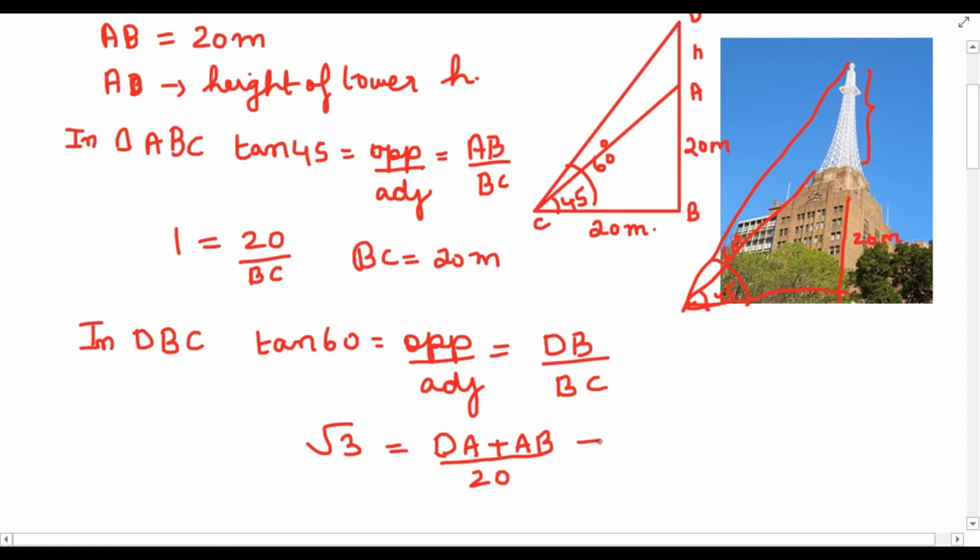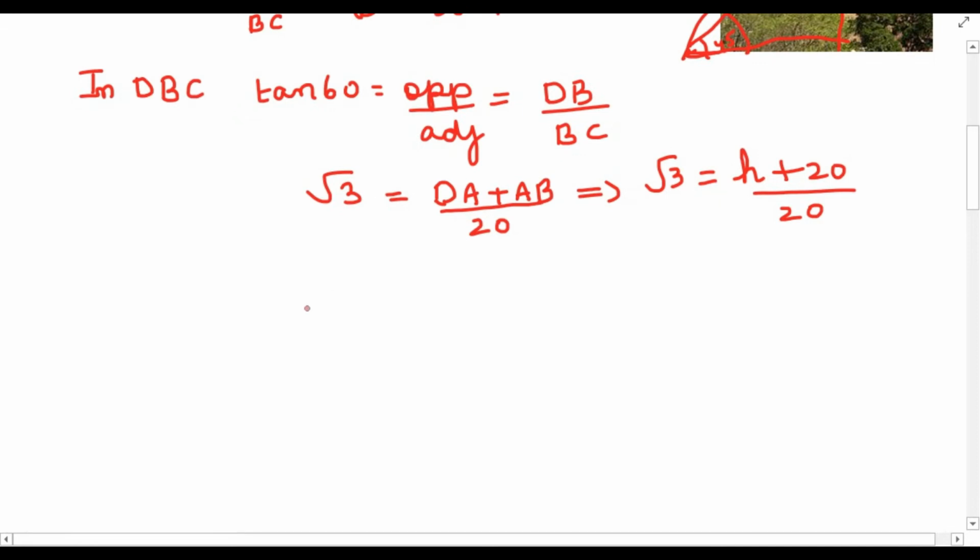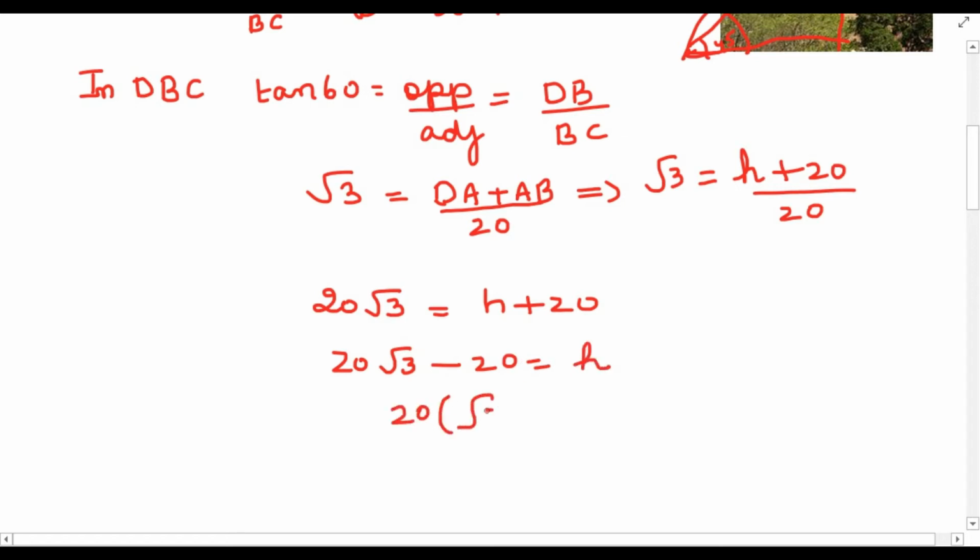So this again I can write √3 equal to DA, which is the height of the tower that we need to find out, H plus 20, divided by 20. Now we will cross multiply. So when you cross multiply, 20 √3 equals H plus 20, or 20 √3 minus 20 equals H. If you take 20 outside, it is 20 into (√3 minus 1) equals H.